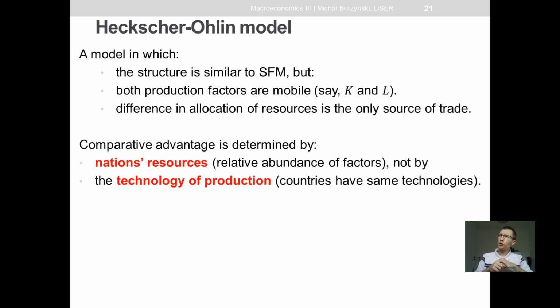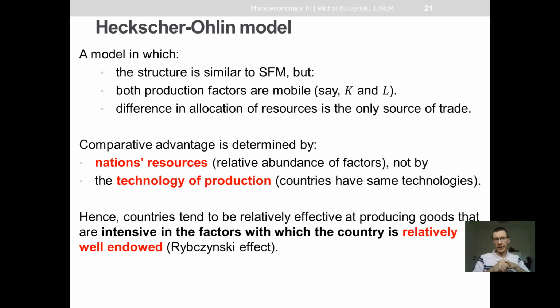Due to the fact that countries have relatively different allocation of resources, different supplies of resources, this gives a source of comparative advantage. The first element of the outcomes of the Heckscher-Ohlin model comes from the so-called Rybczynski effect, which tells us that countries which are relatively abundant in a particular factor are more productive in producing goods that are intensive in these factors.